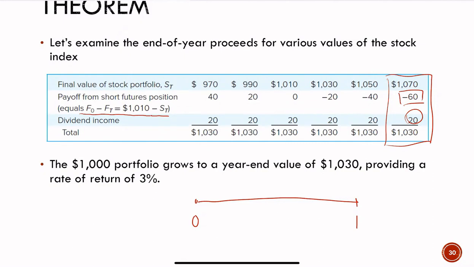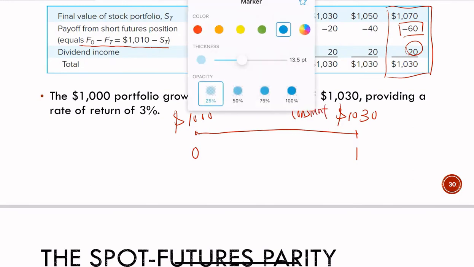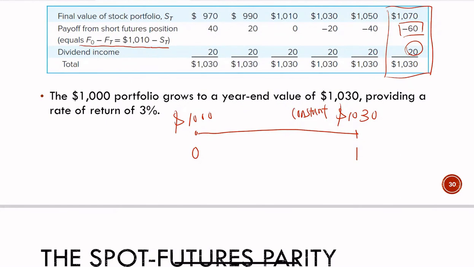In the beginning of the year, you have $1,000, and after 1 year, your portfolio would increase to $1,030. Now the key here is this $1,030 is constant. So let me write down this constant here, because this is the key. Because you're building a hedging portfolio, you will have this constant $1,030.